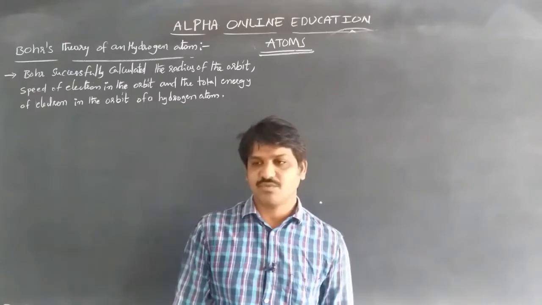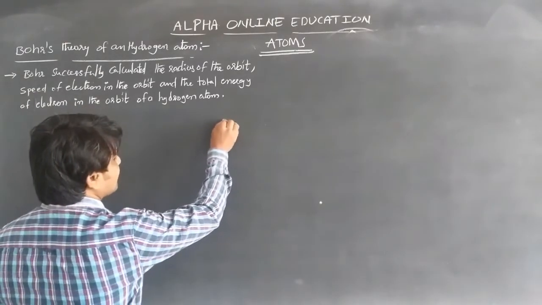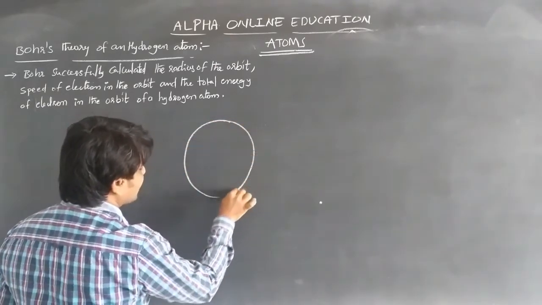The first one: the positive charge is placed in the center of an atom.